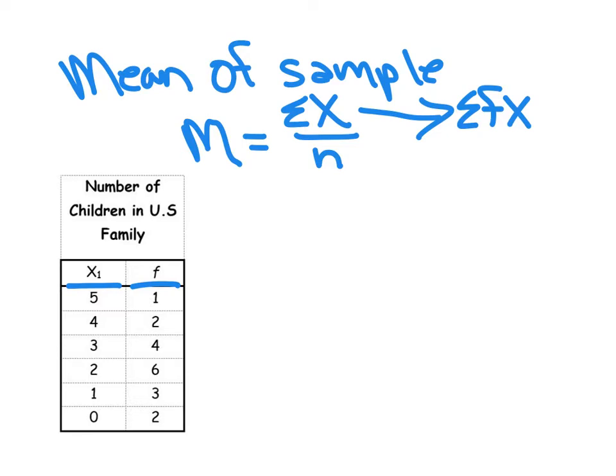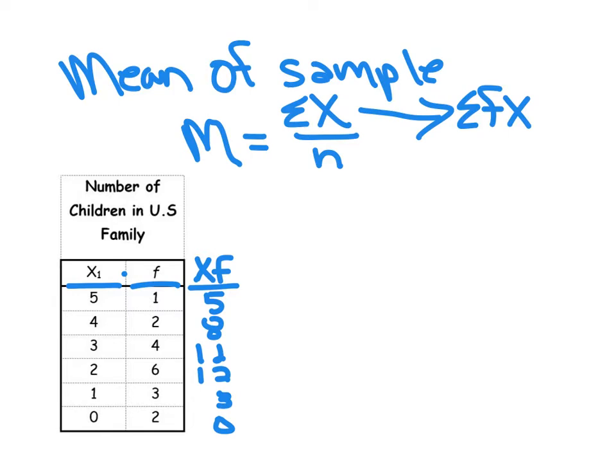To be able to do the sum of the frequency times x, I'm basically going to add a column over here and call it my x times f. It doesn't matter in which order, f or x, you're multiplying. So 5 times 1 is 5, 2 times 4 is 8, 3 times 4 is 12, 2 times 6 is 12, 1 times 3 is 3, and 0 times 2 is 0.